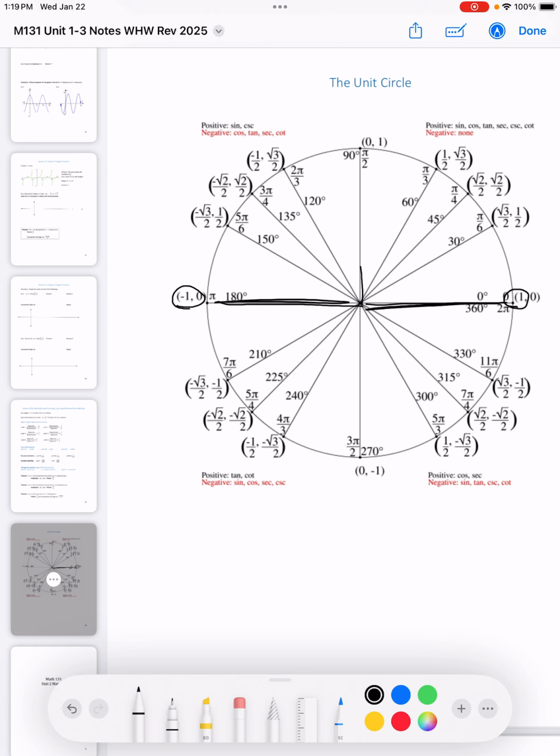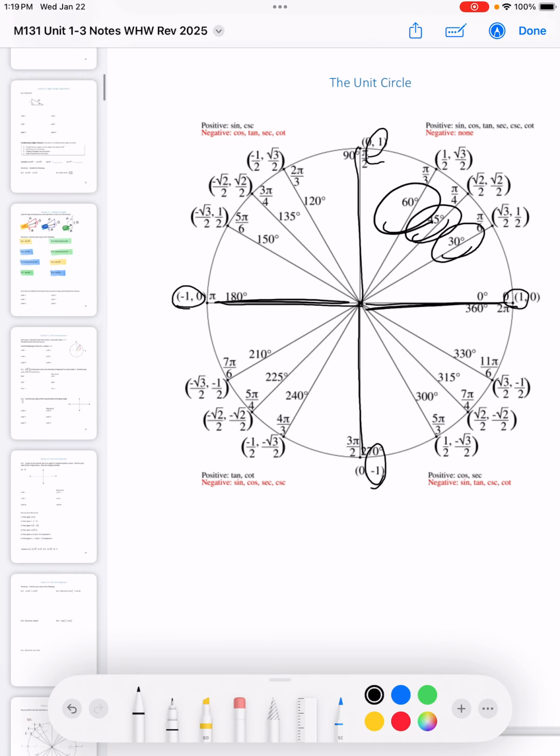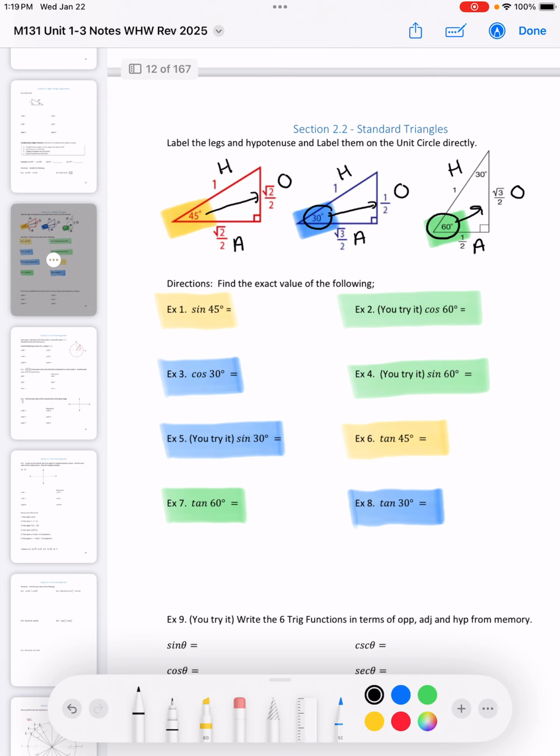Every radius has 1 unit. And these angles that we're looking at, 30, 45, and 60, are all on the unit circle. So these are triangles we could also find on the unit circle. In fact, as we get through section 2.2, we're going to put these triangles on the unit circle. But for now, we're going to work with triangles in our picture because that's what we had in our previous section.